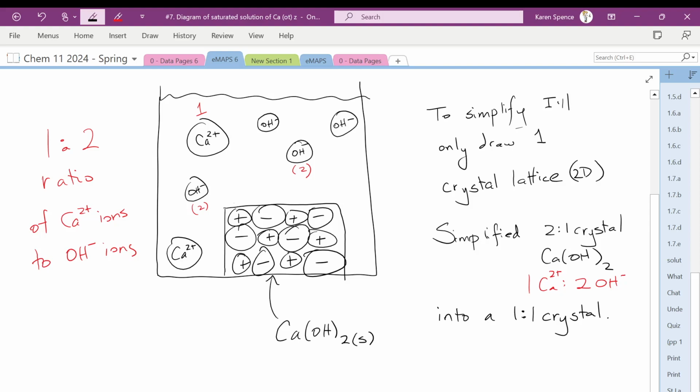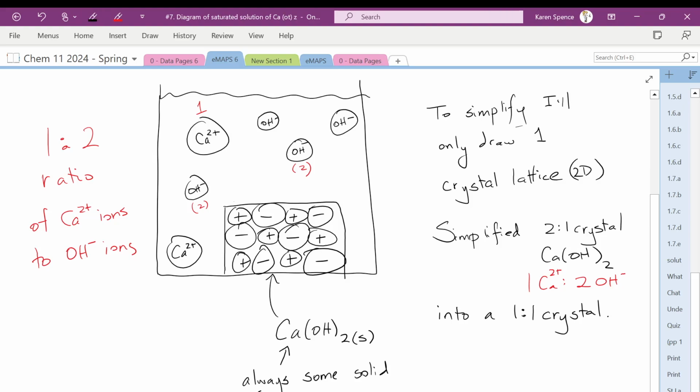And when I have a saturated solution, there will always be some solid left over, because it won't dissolve. We've dissolved the maximum we can already.